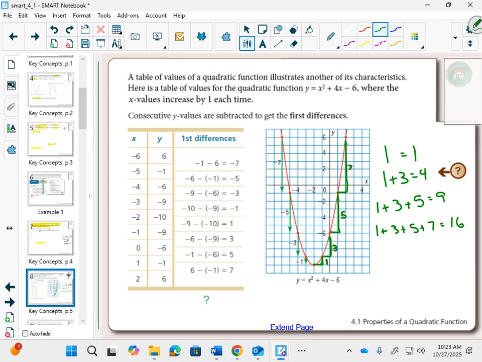Do you notice what's happening? They're all perfect squares. You add up odd numbers. If you add up the first 10 odd numbers, it's going to add up to 100 perfectly. That's crazy. 1 plus 3 plus 5 plus 7 plus 9 plus 11 plus 13 plus 15 plus 17 plus 19. You add up those all the way to 19, you will get 100, which is really cool.